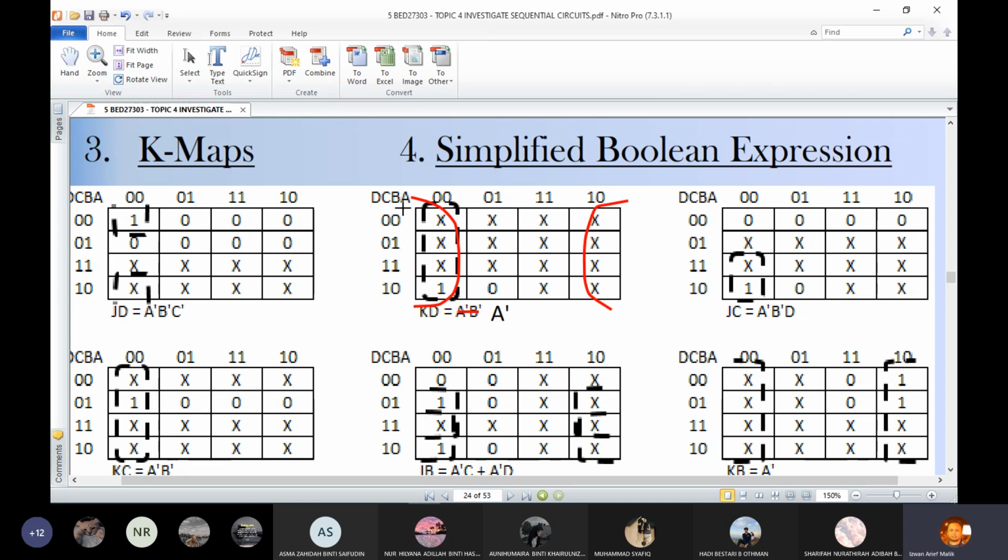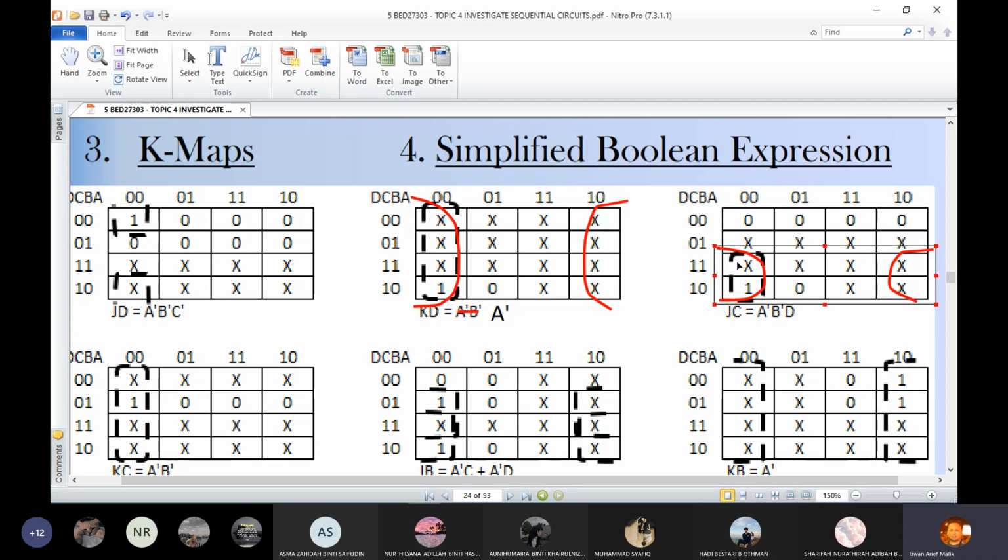Okay, so D and C daripada sini sampai ke 4 adjacent cells, so dia berubah. B 0 ke 1 berubah, A 0 ke 0 tak berubah, so jadi A bar. Okay, this one as well, ini pun sama. This should be like that. Okay, so 1, 2, 3, 4. 6 tak boleh, 6 tak boleh, 8 tak boleh.